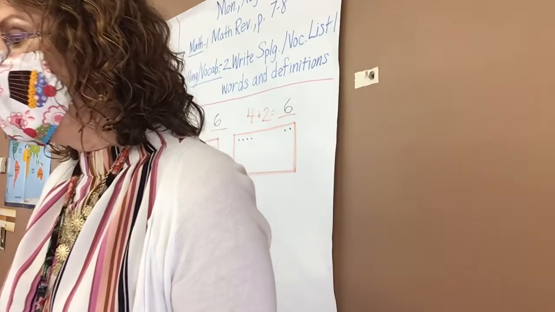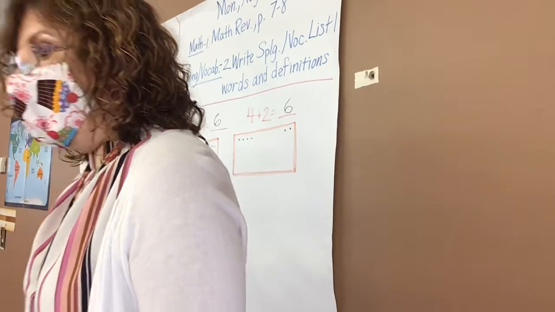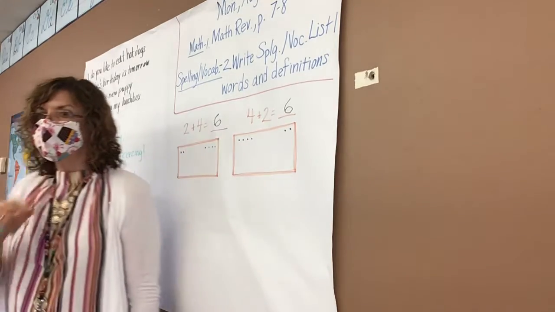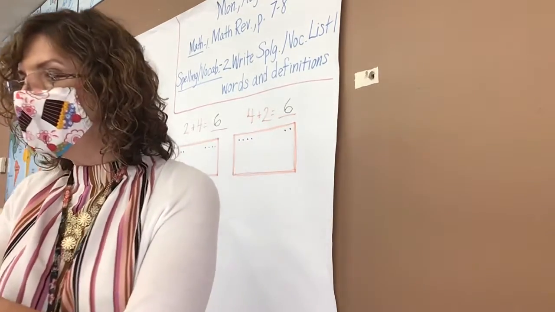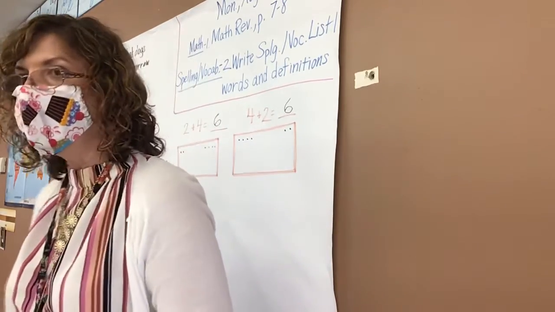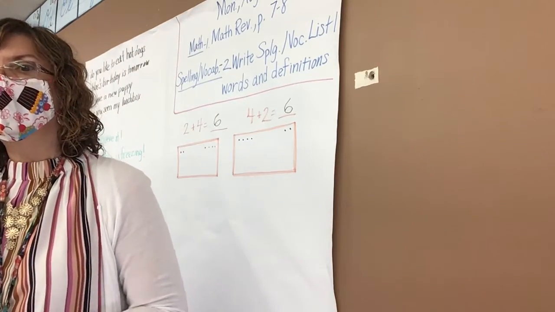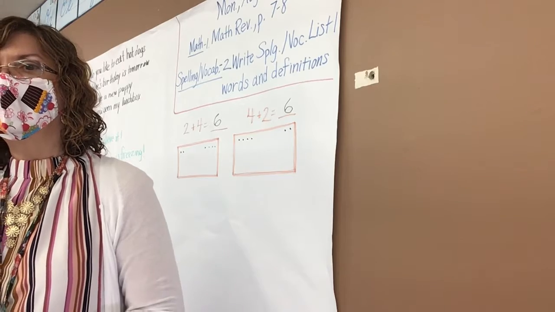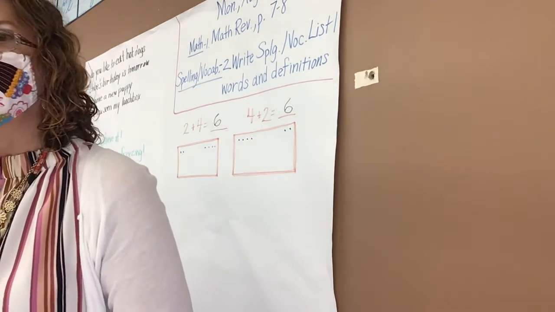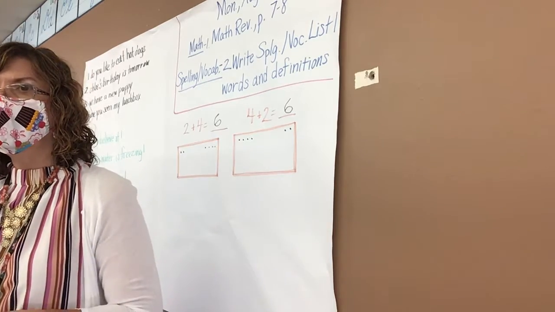All right, now go across to number 4. 3 plus 9. 12. Very good. And then switch your addends and write 9 plus 3. And it's still going to equal 12. Are you with me? You're not with me. You haven't even answered number 3 yet. I need you paying attention.